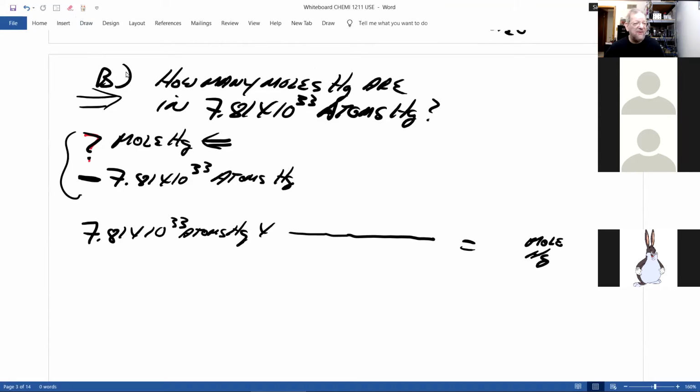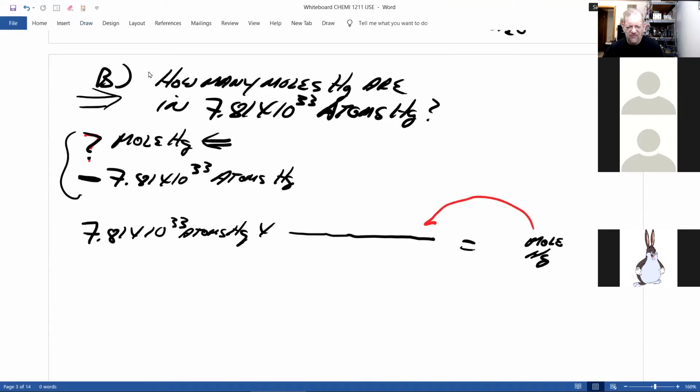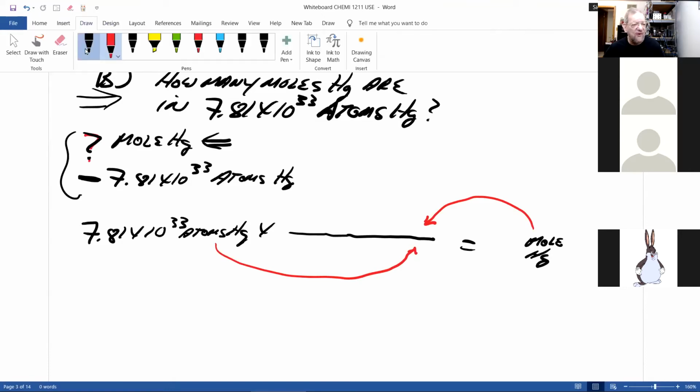What would go on that ratio? Well, it's time to use your good buddy, your good friend, unit analysis. Whatever we're trying to get to, the units go on top of that ratio. Whatever we're trying to get rid of, the units go underneath. And let's write the units on that ratio.